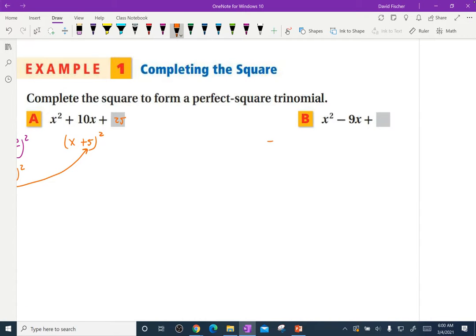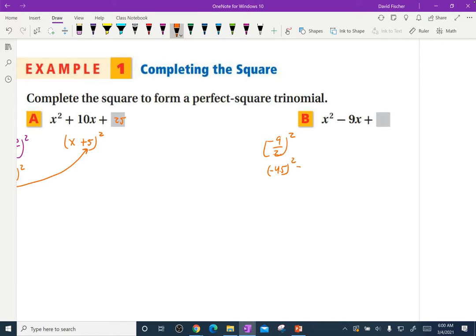So what they want is negative 9 divided by 2 and square it. Well, negative 9 divided by 2 is negative 4.5, and let's square it. And I'm getting 20. Now, a negative times a negative is a positive.